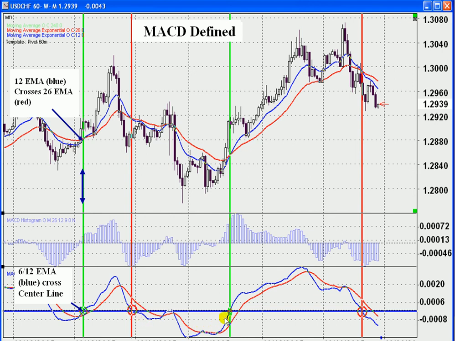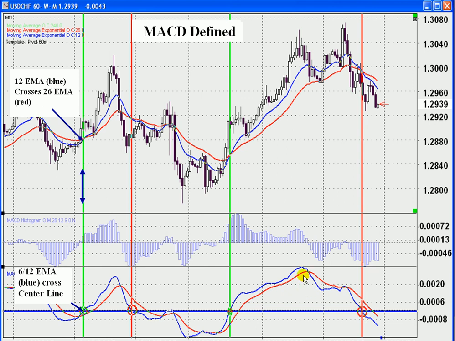And once again, as the blue moves above the center line, we're seeing a crossing of the 12 and 26 and the 9. And finally, at the end of the chart, we see the 12 and 26 crossing below the 9 exponential moving average, and the blue combined 12 and 26 crossing below the MACD center line.